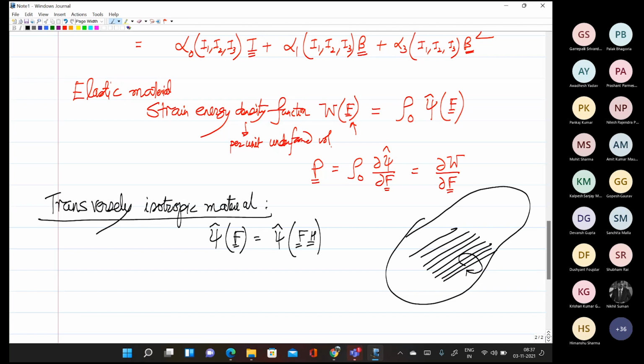So in the direction perpendicular to the fiber direction, or transverse to the fiber, you see the same property. That's why we say it is a transversely isotropic material. Why do we have this name? Because in the direction transverse to the principal material direction, properties are the same.